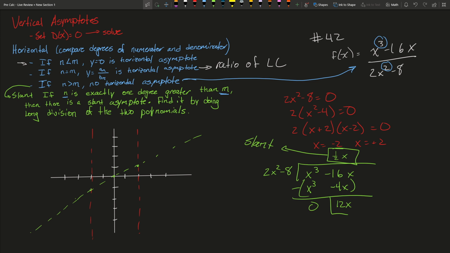Once we do that, we do the same thing as we did before. So we go to the left, we go a couple in between, and then we go to the right.